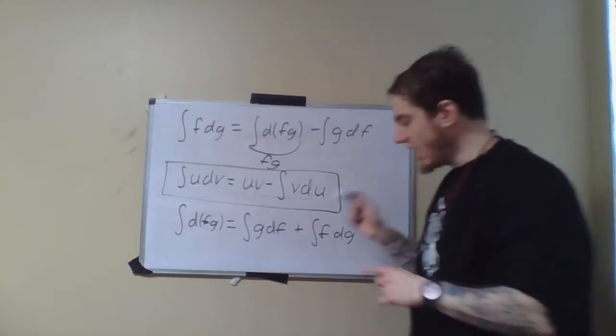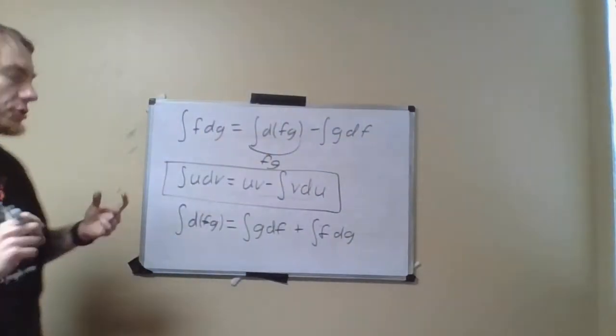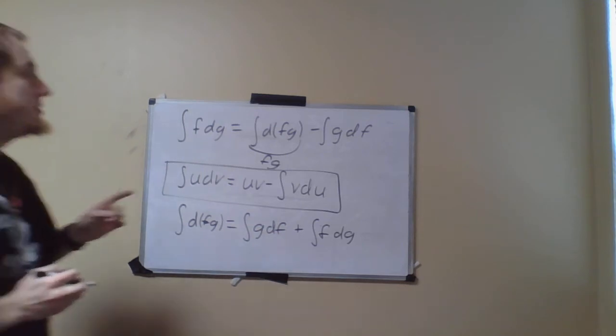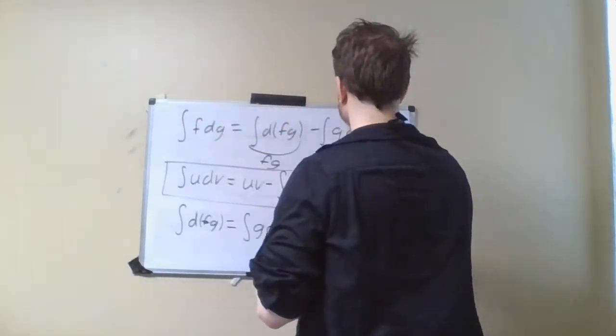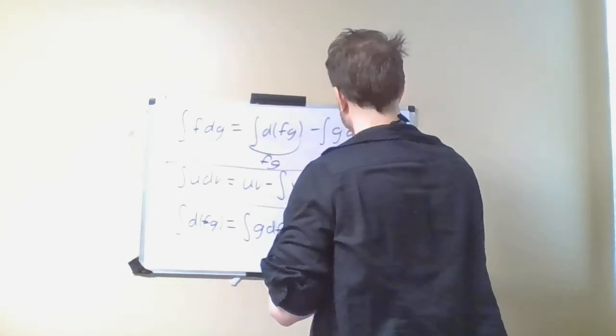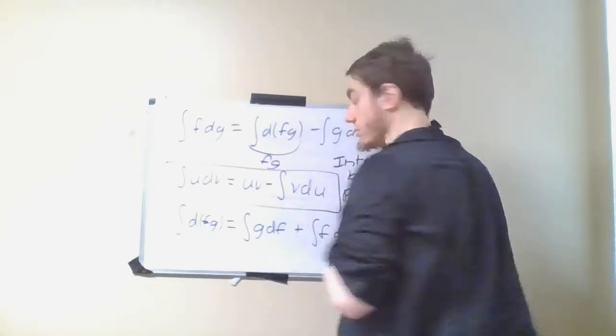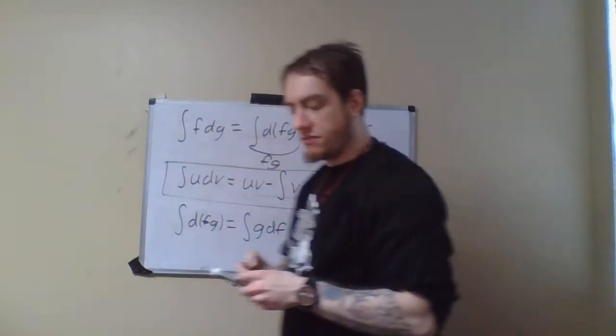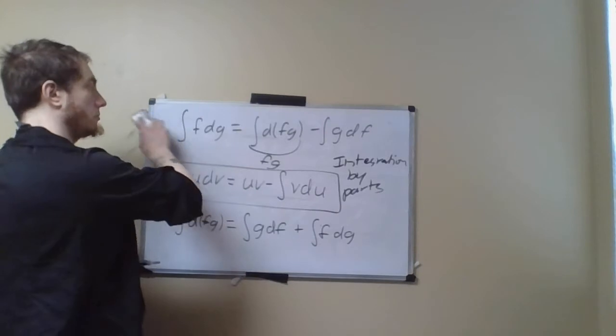I don't really need to have multiple constants floating around. So this technique is called integration by parts. And it's one of the most useful techniques of integration that we can do.